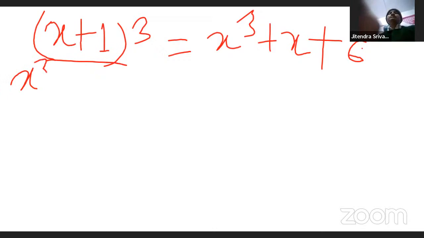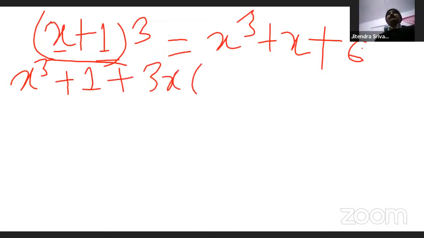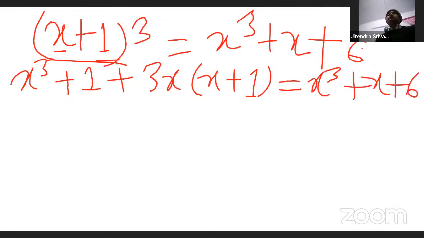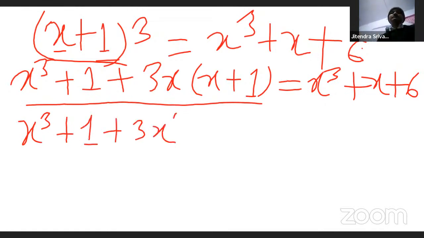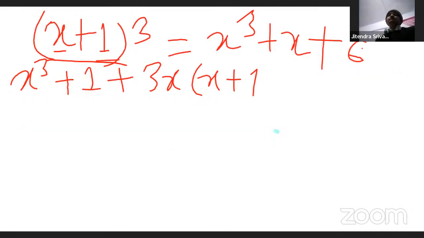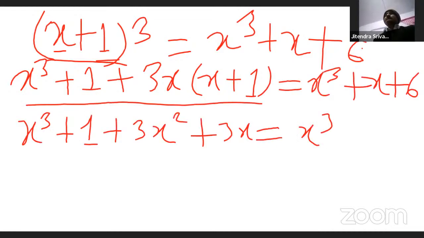It will be x cube plus 1 plus 3 into x into 1 will be 3x, and x plus 1. Now x cube plus x plus 6. Now solve this. x cube plus 1 plus 3x square plus 3x.